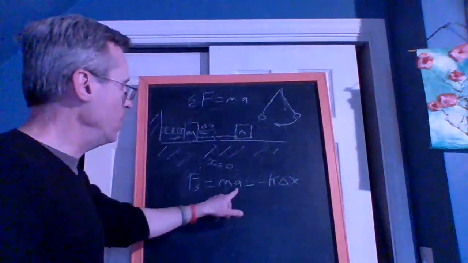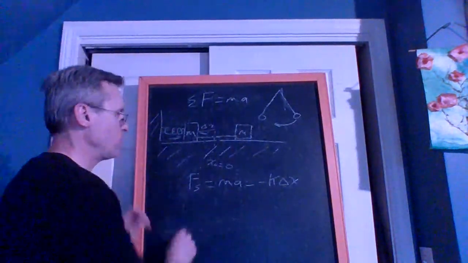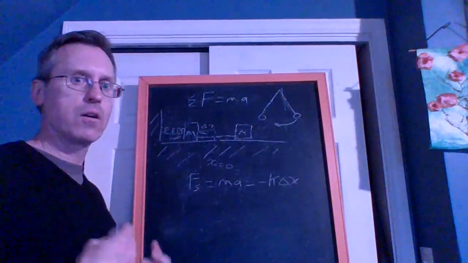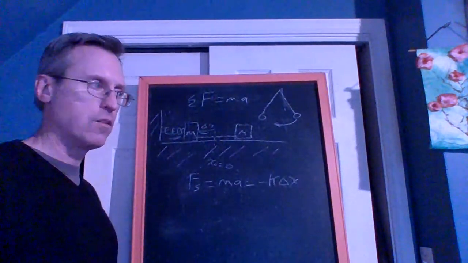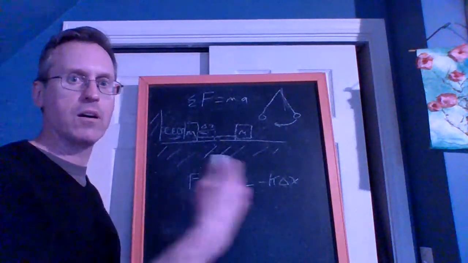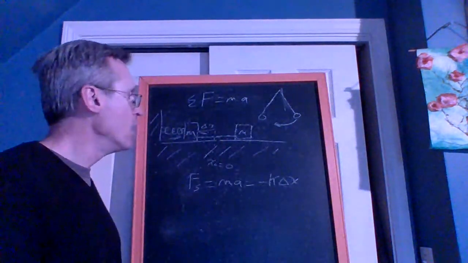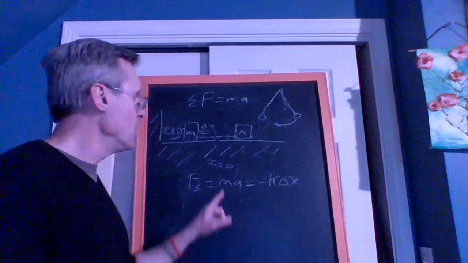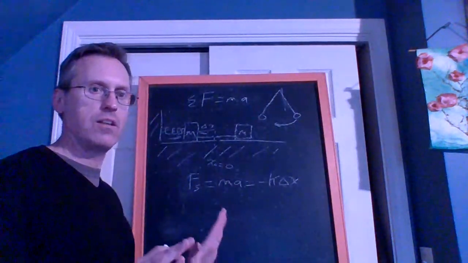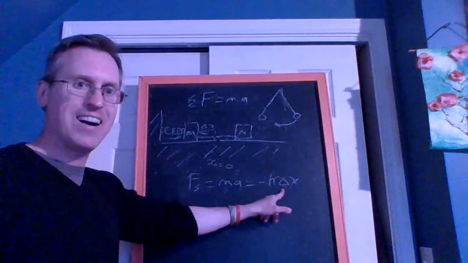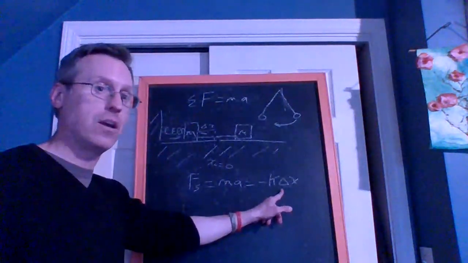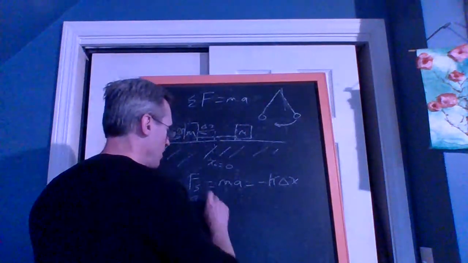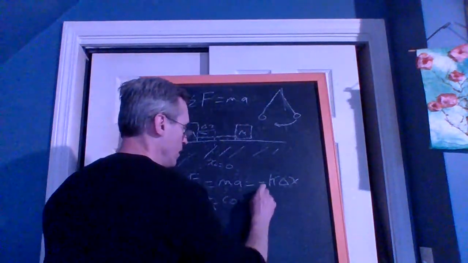Unlike when we were dealing with gravity or kinematics problems, like a car speeding up, where we said the acceleration is constant, in this case the acceleration is not constant. It's constantly changing. So the acceleration, a, is not a constant here.